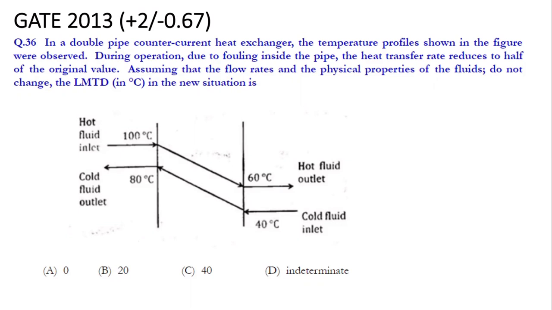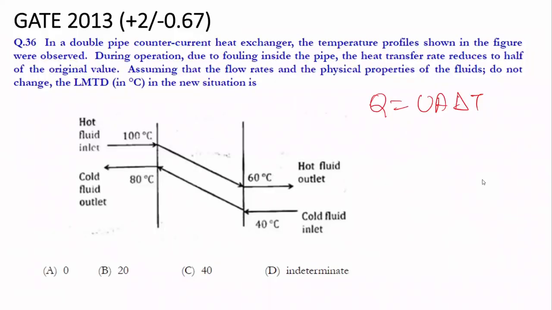So you see, the problem is again based on this, and here your U is getting changed because of fouling, and now since your U has changed, what will be its effect on the delta T is what you have to answer. Area is not going to change because we are going with the same heat exchanger, only the fouling has changed the U. So I will pause here for a while, couple of minutes, and you guys try to figure out the solution, and then I will discuss the solution.